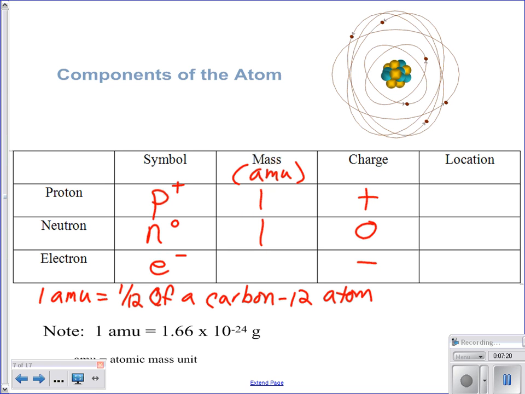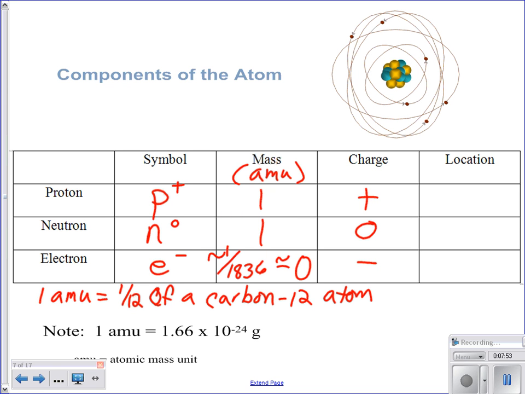How light? 1/2000th, which I've always written as 1/1836th, somewhere around that. But you know what? Who really cares? Because what we get from that is that it is so small that we're pretty much going to say that's equal to 0. The electron, comparatively, does not have a mass when compared with the proton and the neutron. So protons and neutrons have 1 AMU for a mass. The electron is right around 0.